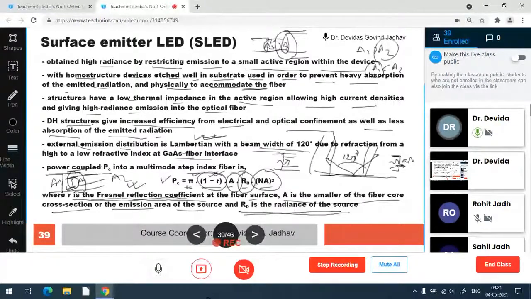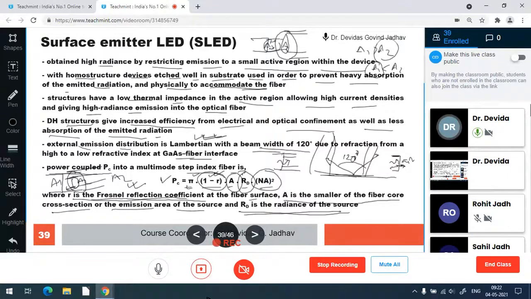So Pc is equal to pi into 1 minus r into A into Rd into Na square. Pi we know. 1 minus r is the amount of light that goes into the other medium, where r is the Fresnel reflection coefficient. A is the area, whichever is smaller. If the source radiance area is smaller, that is taken into calculation.